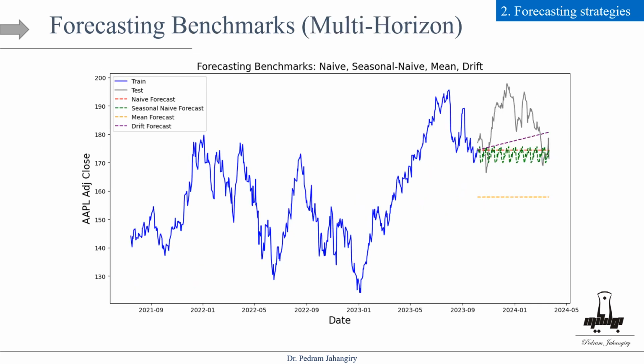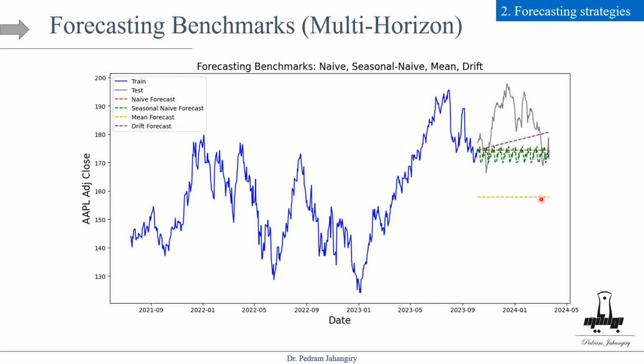All right, now let's look into some of the benchmarks for our less well-behaved dataset, which is stock price, right? So remember, this is your Apple adjusted close from 2021 all the way to, I think, let's say, October 2023. And this is close price, and we are going to create our benchmark.